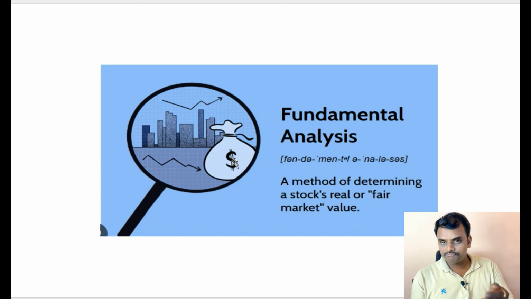Then if you go back a little and check the gurus of Warren Buffett, Benjamin Graham and David Dodd, Philip Fisher, George Soros, Howard Marks, Carl Icahn.